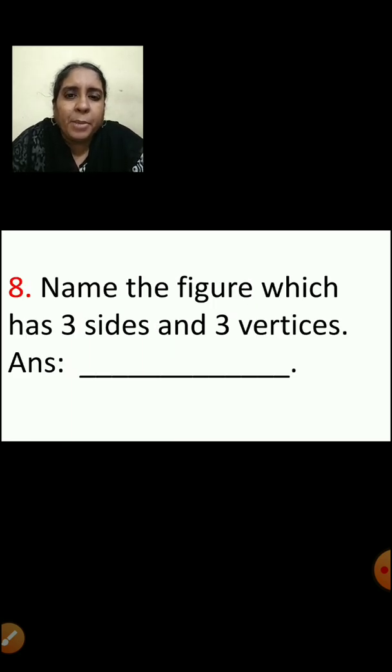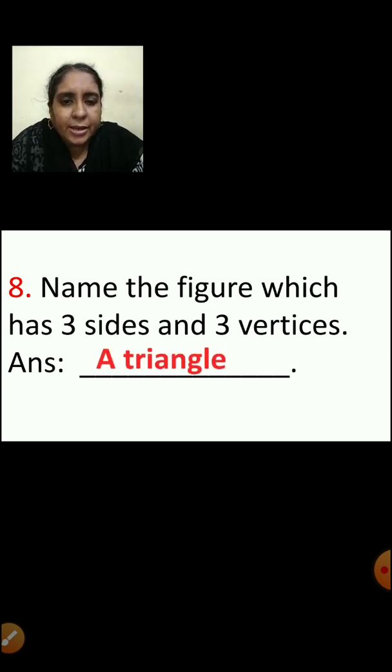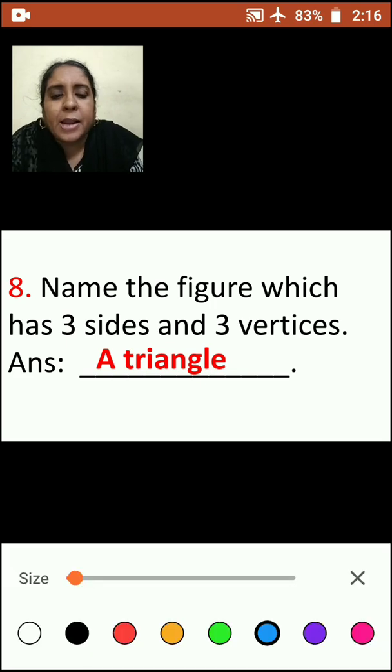Now we will go to number 8. Name the figure which has 3 sides and 3 vertices. Now you know what are sides and vertices, right? So you should know the figure also. You have learnt, na? What is the name of that figure? Yes, it is a triangle.